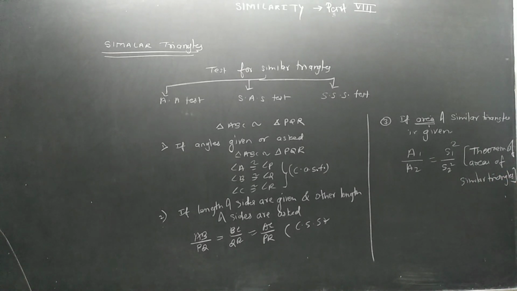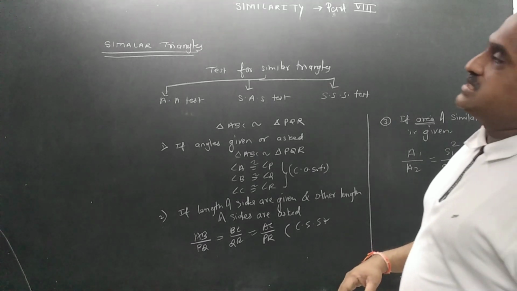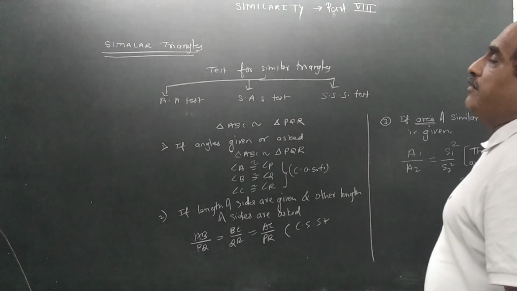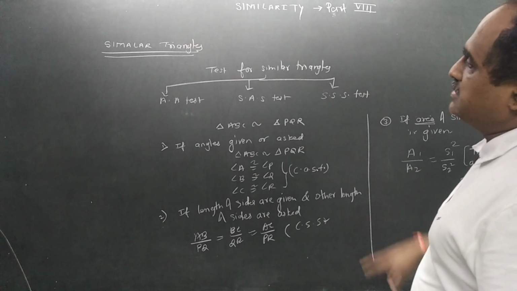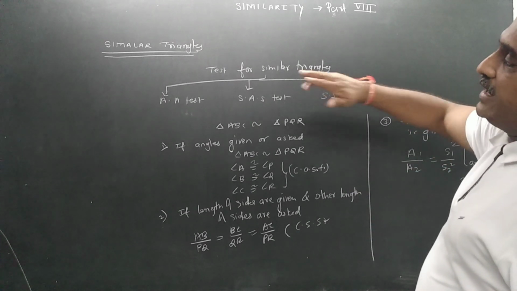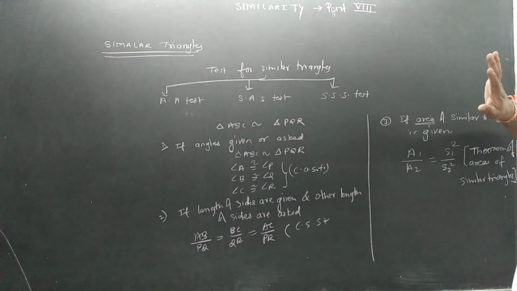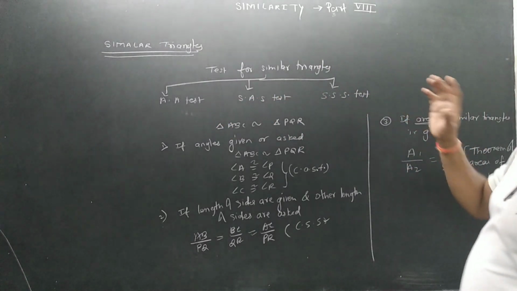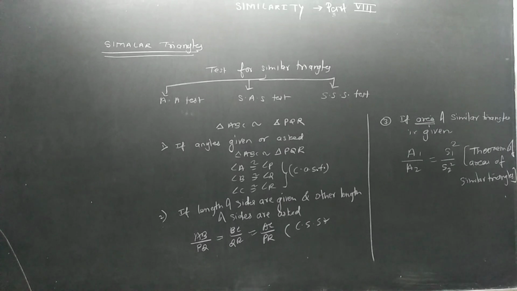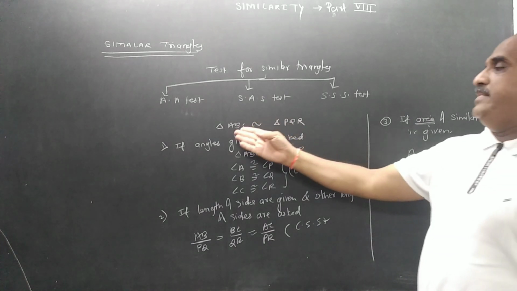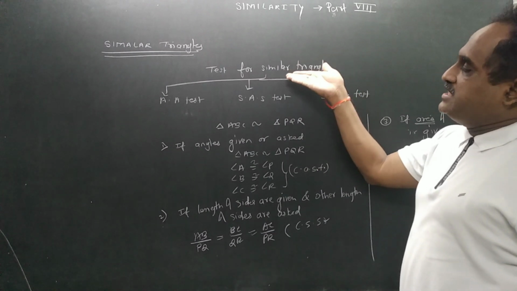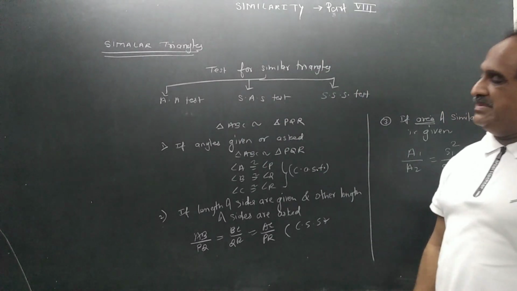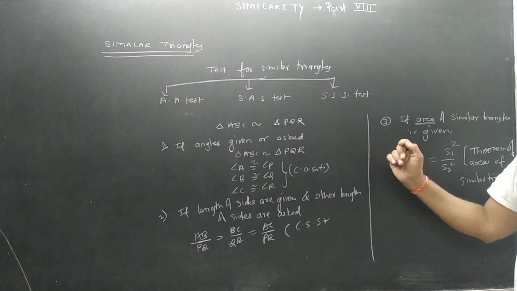Have you understood this? So see, the questions depend upon the similar triangles. For similar triangles there are 3 tests that we have studied: AA test, SAS test, SSS test. Now, what are the possible questions? When they give triangle ABC, we prove by using these tests that the 2 triangles are similar, or they will give it directly.